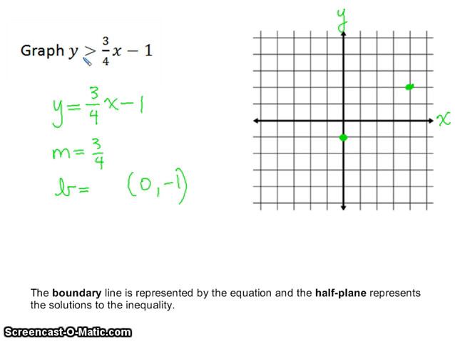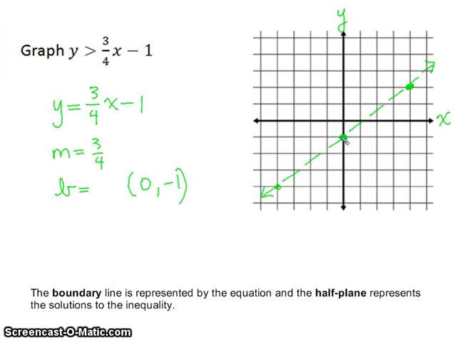And the reason it's a dashed line is because the points on that line are not included in the solution set. So let's think about what that means. If I put in a point that's on this line, so let's say this point right here, which is (-4, -4).